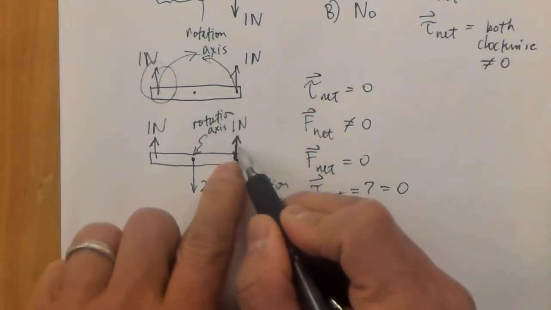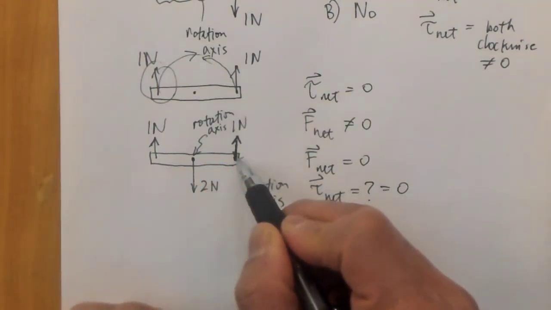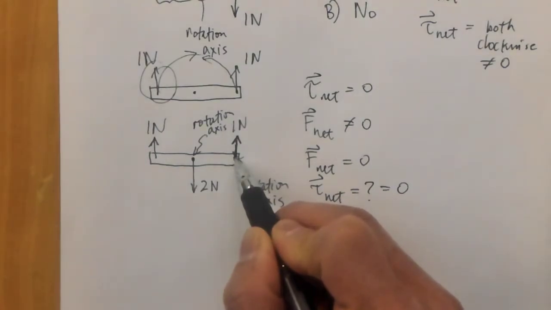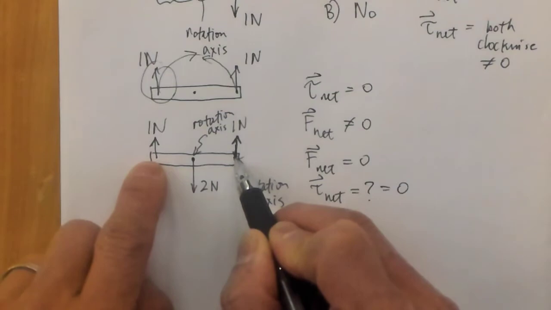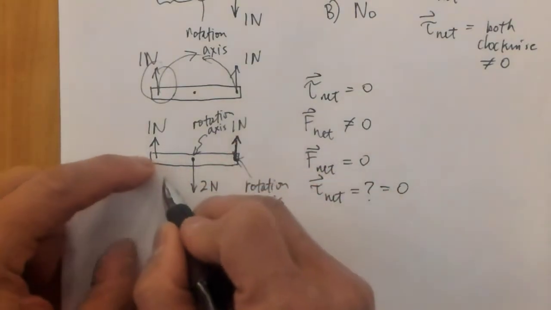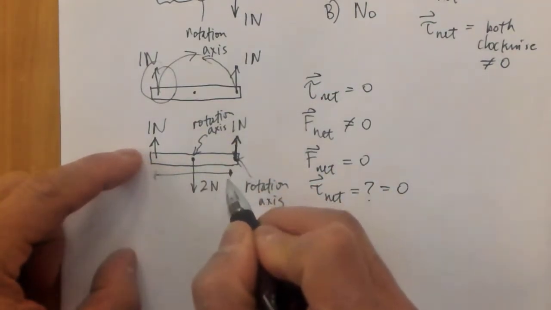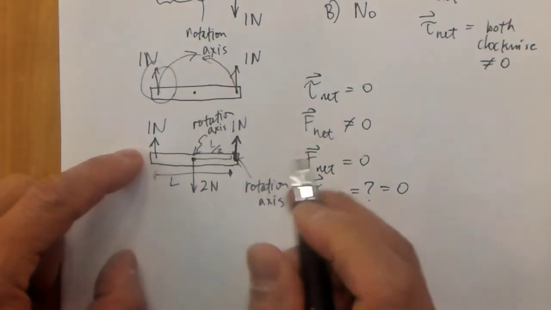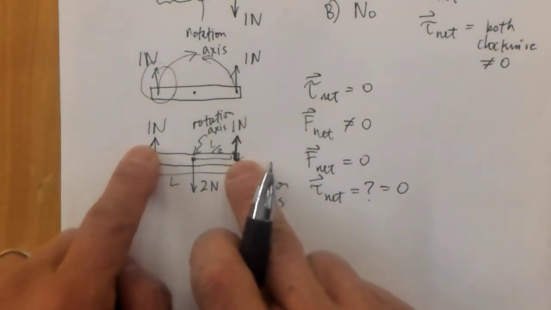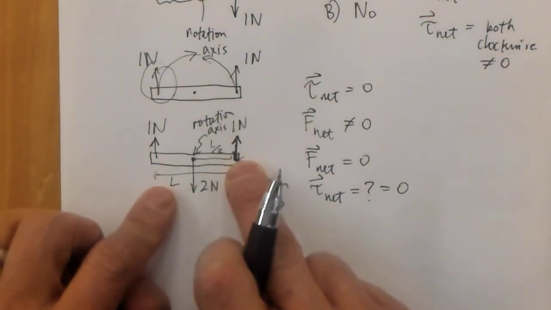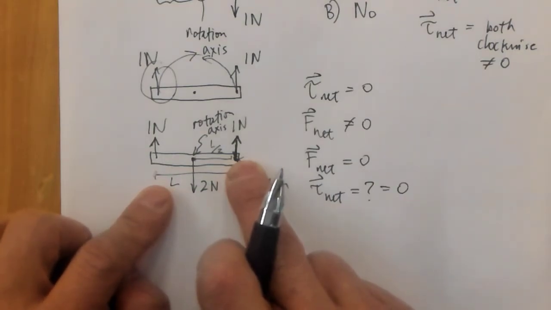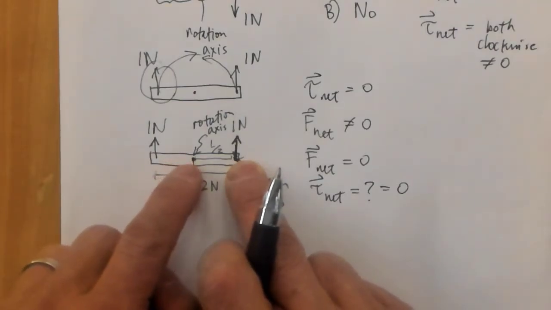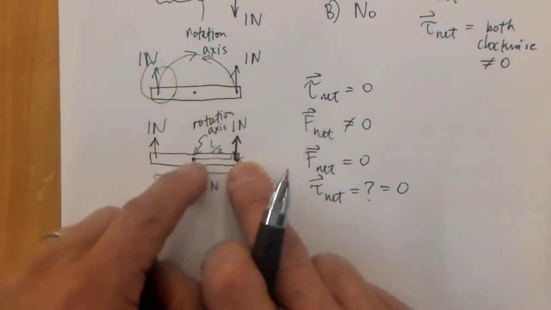Then this 1 Newton force, what torque does it produce at this rotation axis? 0, because the lever arm, the distance, is 0. But now let's see the torque of this other 1 Newton force. Let's say this length is L, and then this length will be half of L. So I have 1 Newton going clockwise with a lever arm of L. So that will be my torque, 1 Newton times L. And the torque due to the 2 Newton force will be going counterclockwise.